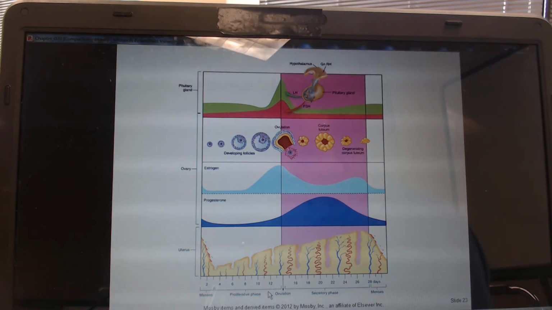The pituitary hormones that are released are luteinizing hormone and follicle stimulating hormone. Follicle stimulating hormone is going to cause the Graafian follicle to mature and ultimately erupt, allowing the ovum to leave the ovary.